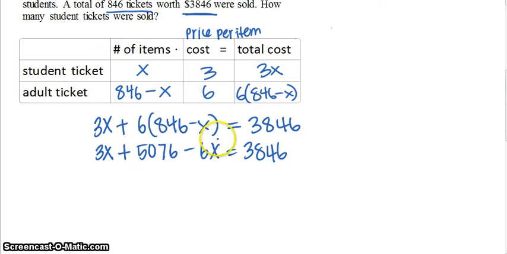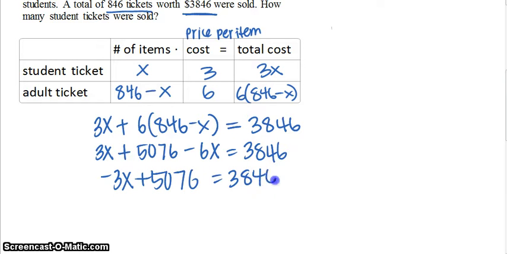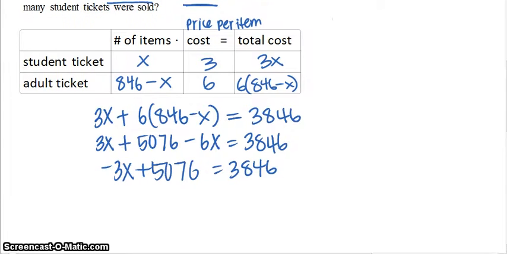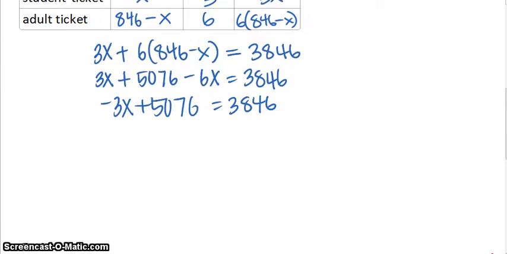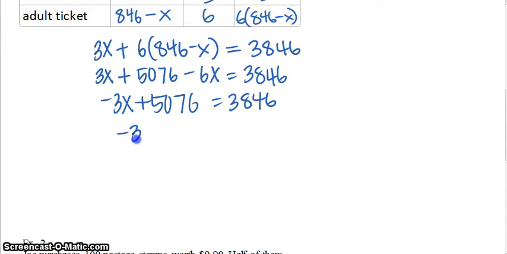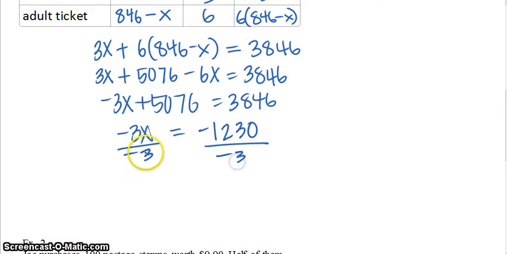I'm going to combine 3X minus 6X, which is negative 3X. I'm going to subtract 5,076 on both sides, so I get negative 3X equals negative 1,230. Divide both sides by negative 3 to get rid of that negative 3 in front of the X. So X is going to equal 410.